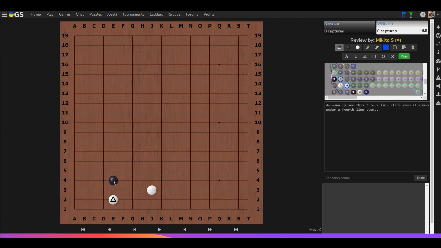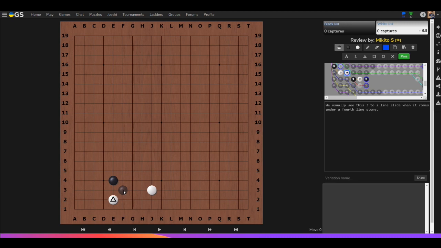So here we have a black stone that's really high up, and so we slide under, right? We usually see this with a 3 to second line slide when it comes under a fourth line stone. This is actually usually very useful. This is where even myself, sometimes I really don't know the best responses, right? Black has so many responses.